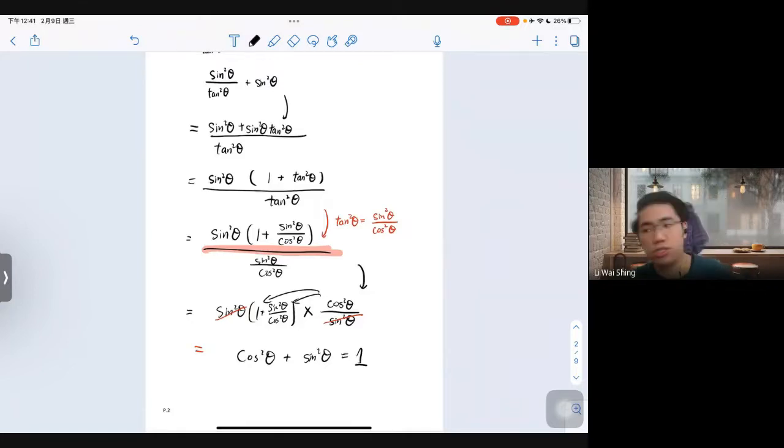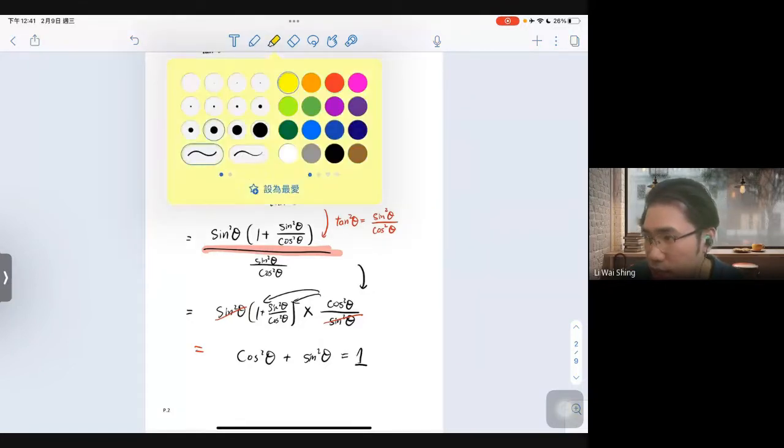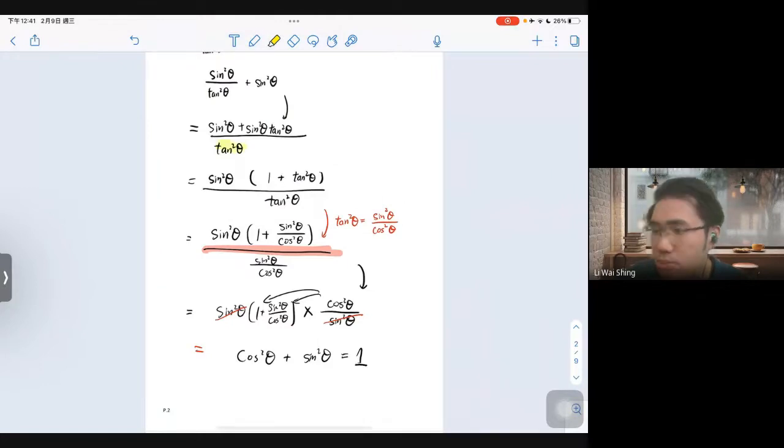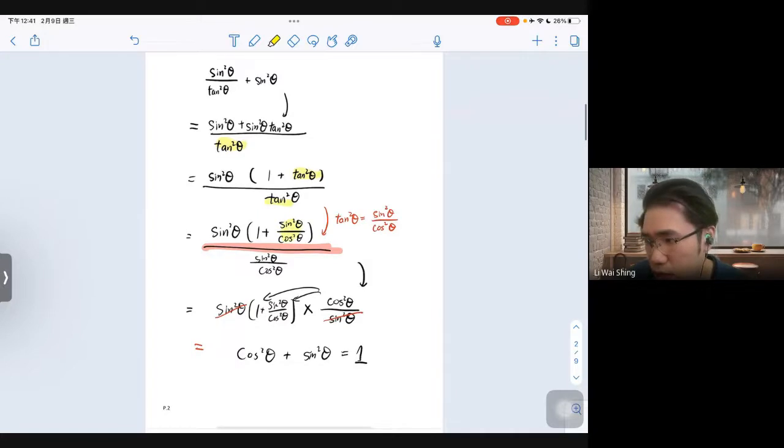Good job, Moses. Okay, so you can see first step 通分母. Second step, change tangent into sine square over cosine square.